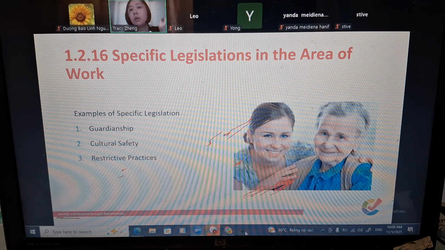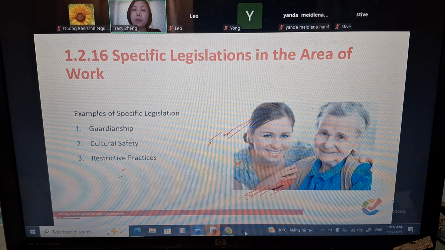For example, if your mother appoints you as the guardian, then you can make all of those legal decisions on behalf of your mother. So that is guardianship.